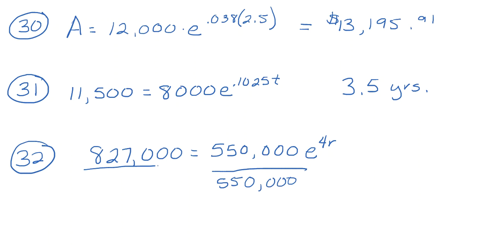Remember, you always have to isolate the base before you take the natural log of both sides. So divide this out, take the natural log of both sides, pull the 4 out in front, and then if you solve this, you should end up with an interest rate of 10.2%.